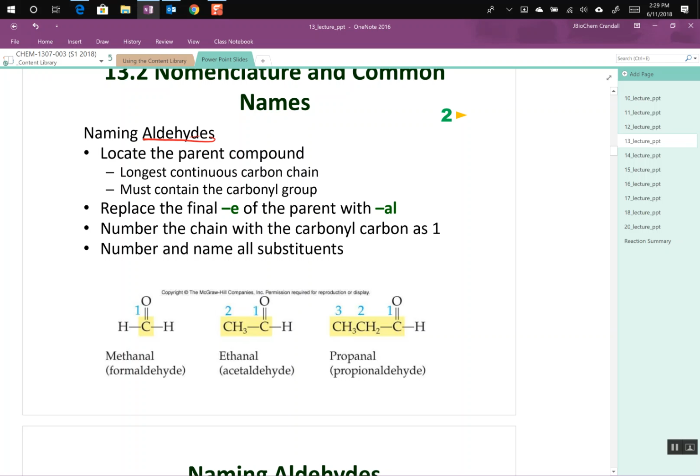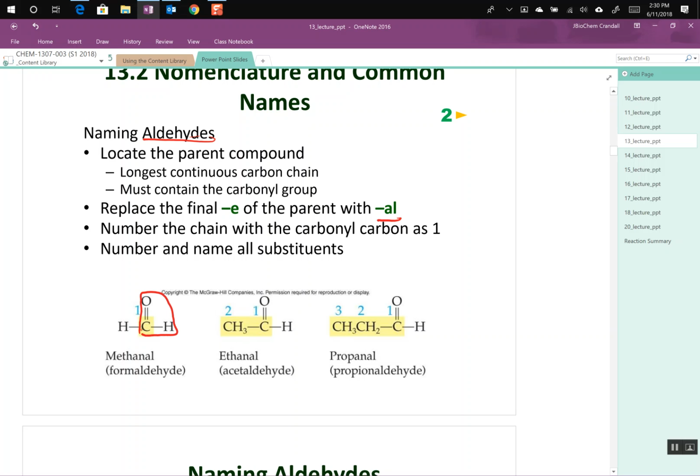Aldehydes, however, are going to end with AL. There's not a lot of difference in how those sound. But make sure that you're writing it with the OL or the AL depending on what it is. So here, this is an aldehyde.